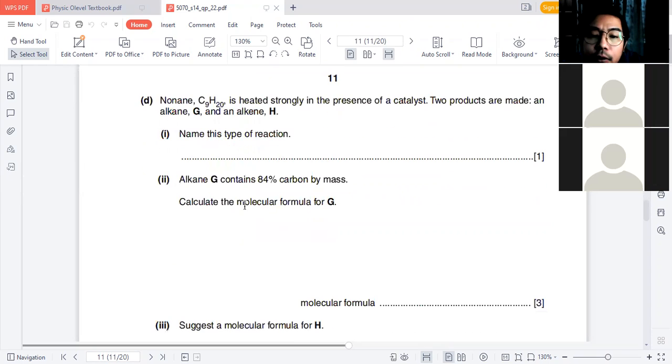Now, alkane G contains 84% carbon by mass. Calculate the molecular formula of this. So basically you have to make sure that you have carbon and hydrogen. To find the hydrogen, it is 100 minus 84.